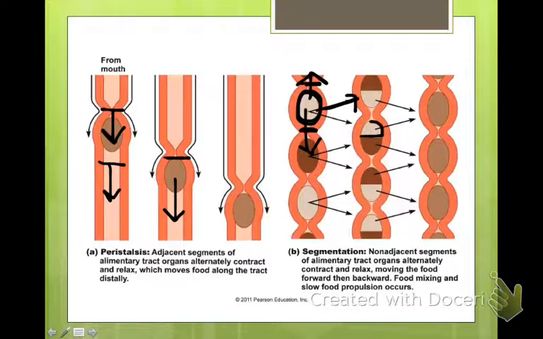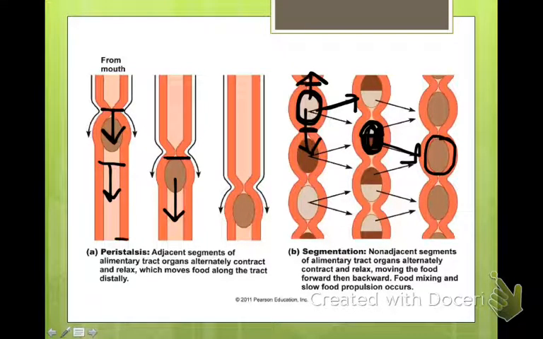That's why you see this lighter brown color here and this darker brown color here. And then that is going to mix together, and when it mixes together it forms this kind of in-between brown color because it's all mixed together, and that's going to move forward. And that's going to continue all through the small intestines. So you've got this segmentation that's going on before and after a little bit of food.